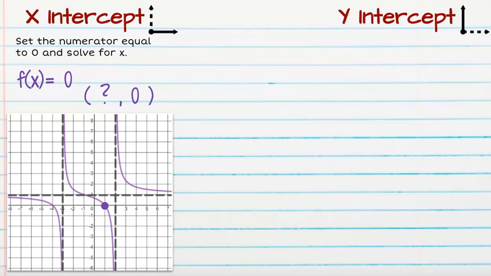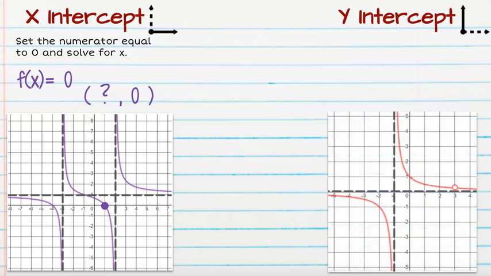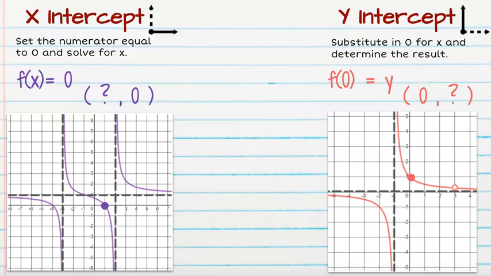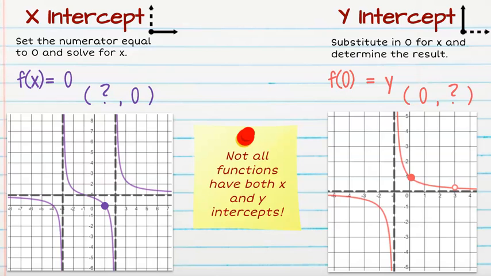So we can use the idea of setting the numerator equal to 0 and solving for x to find it. Similarly, the y-intercept occurs where the graph crosses the y-axis. So we will substitute 0 in for x and then solve for y. It is important to note that not all of these functions have both x and y intercepts.